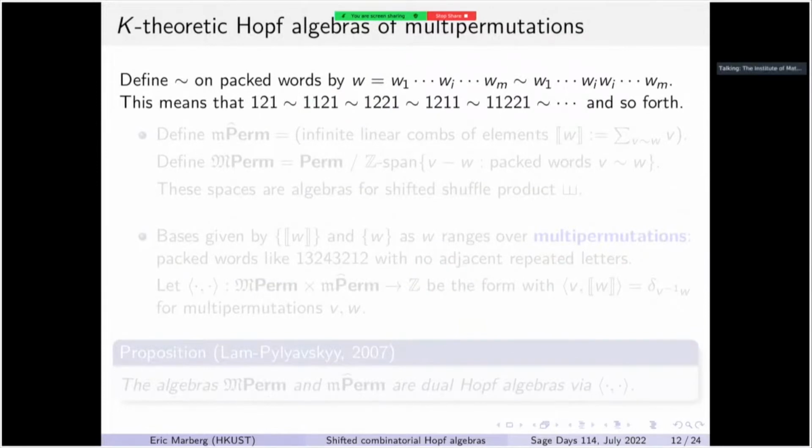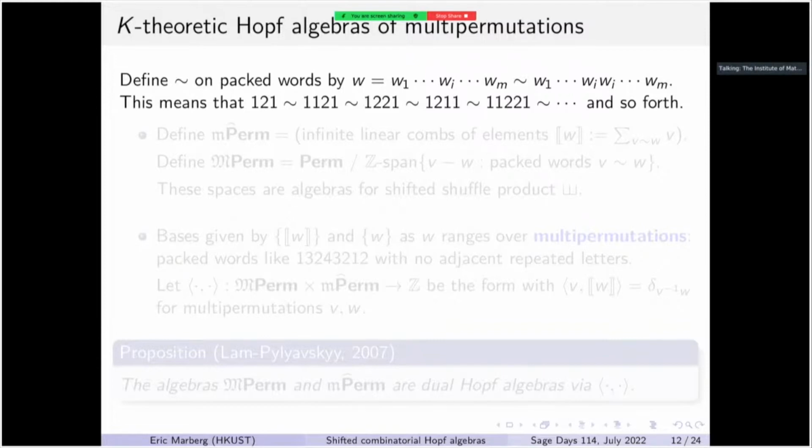Okay, so I want to situate these Grothendieck polynomials in terms of some Hopf algebras, so generalizations of the Hopf algebra we saw earlier.